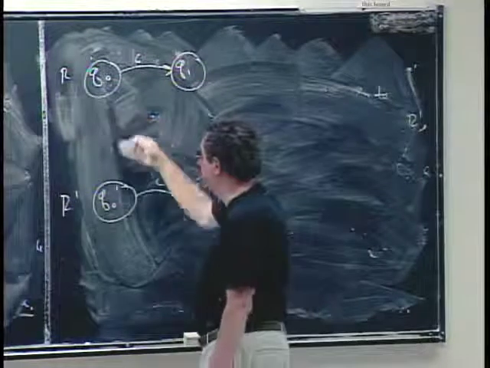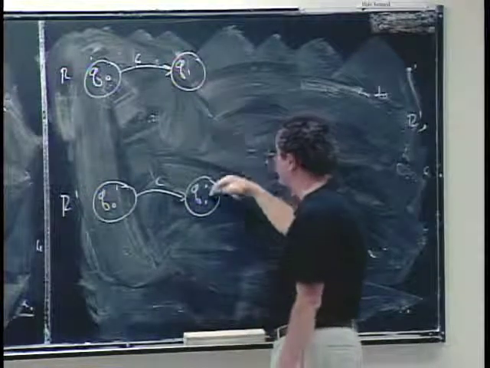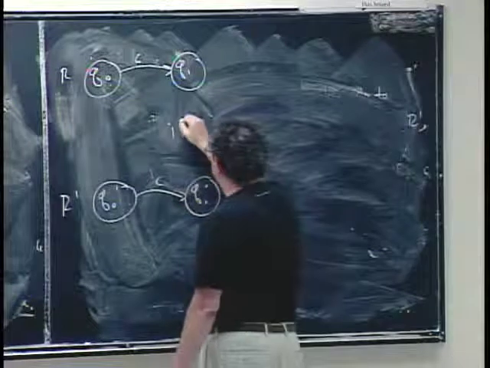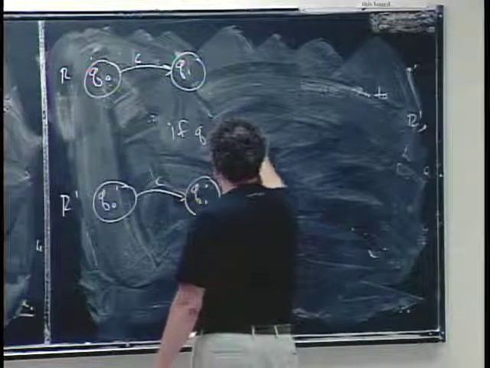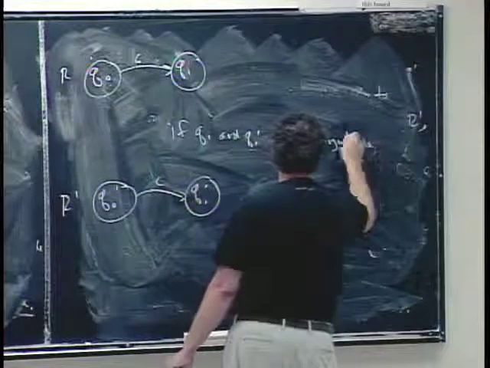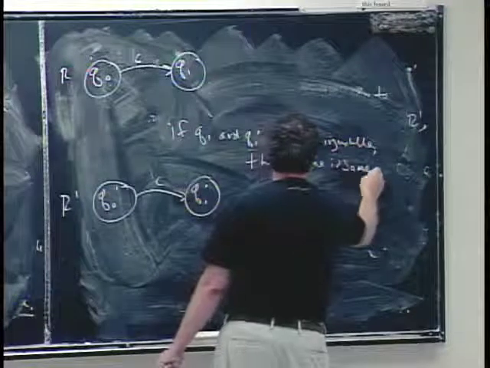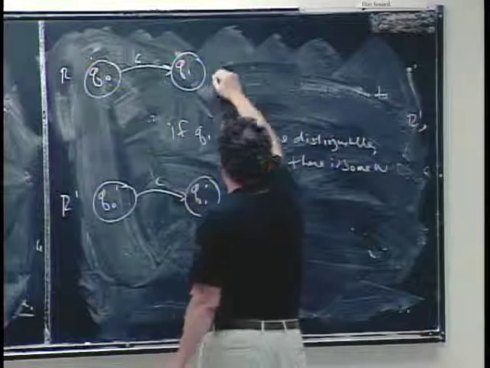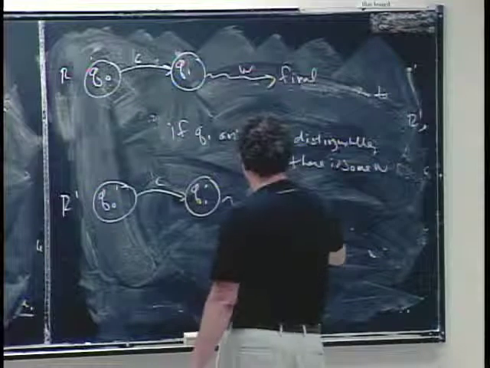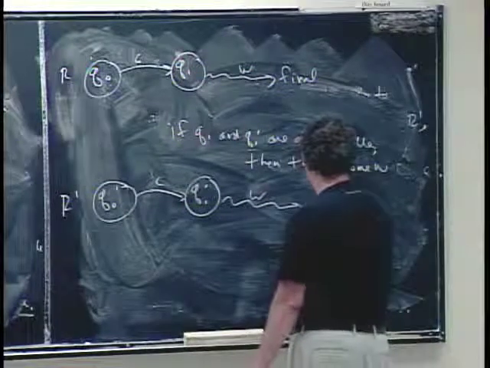Well, we know that Q0 and Q0 prime are indistinguishable. What would happen if Q1 and Q1 prime were distinguishable? That means that there is some W such that the computation from Q1 on W goes to a final, and the computation from Q1 prime on W goes to a non-final.